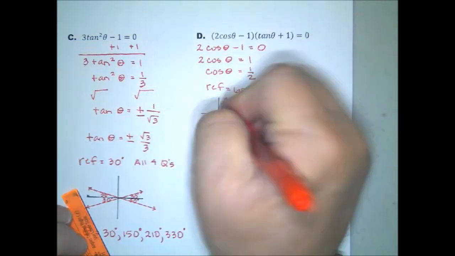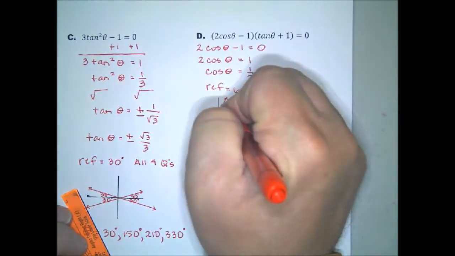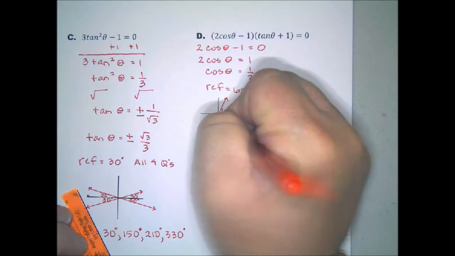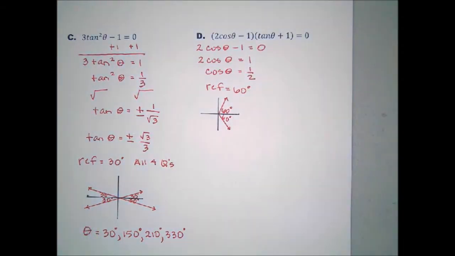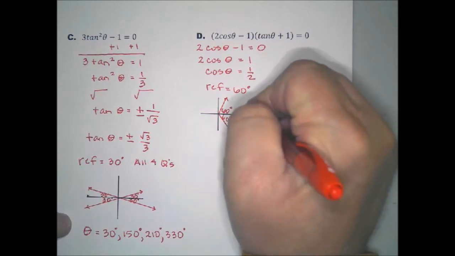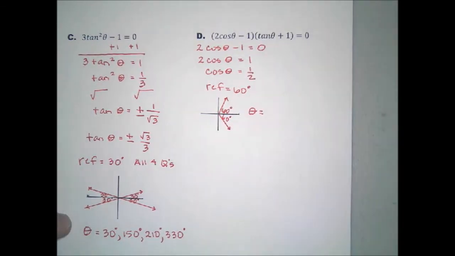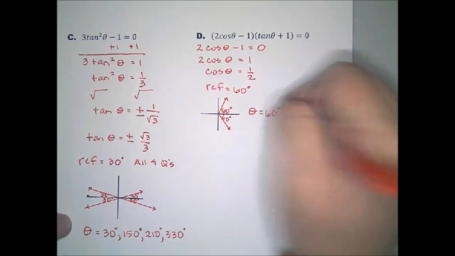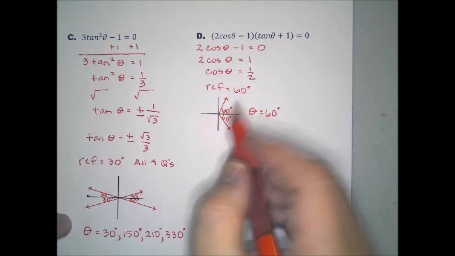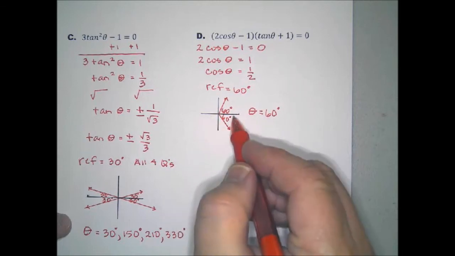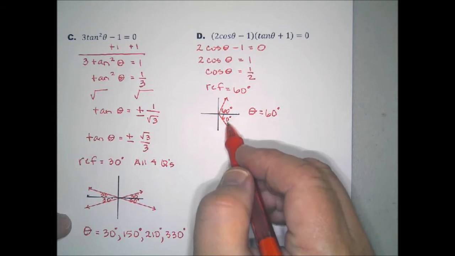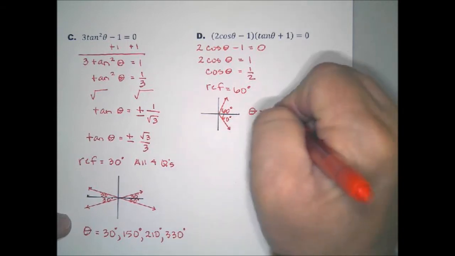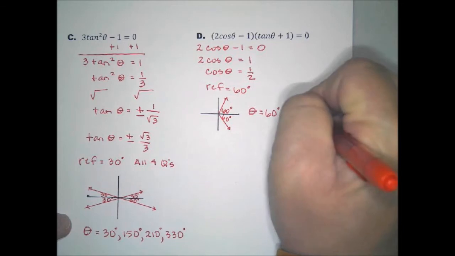Remember, reference angles are always from the horizontal axis. So there are my 2 terminating rays. That would give me my 2 answers for this part of the problem: 60 degrees, and then if I go all the way around, that would be 360, but I didn't go all the way around, so 360 minus 60 is 300 degrees.